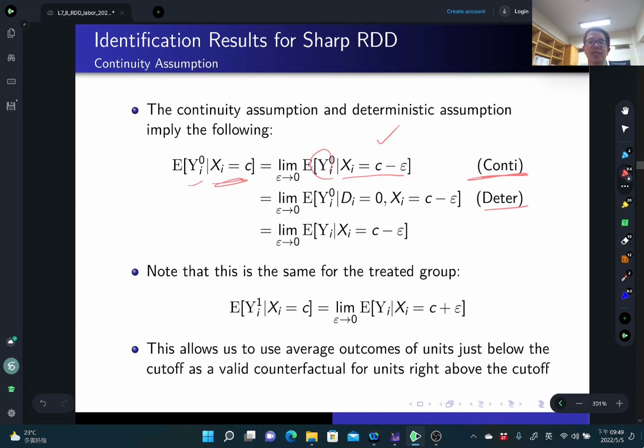And due to the deterministic assumption, the Y0 for the people just below the cutoff is realized. So we can use this realized outcome to represent the unobserved outcome. Similarly, we can use the people just above the cutoff to represent Y1.